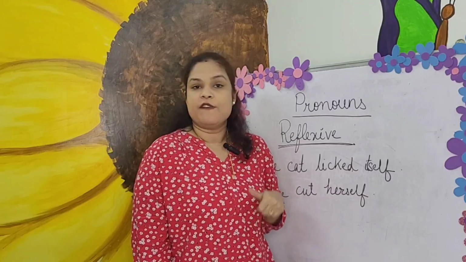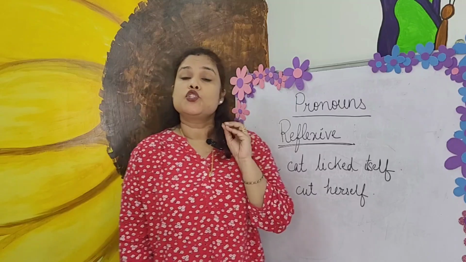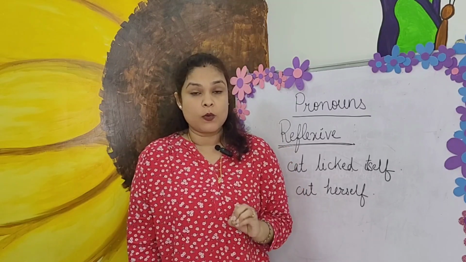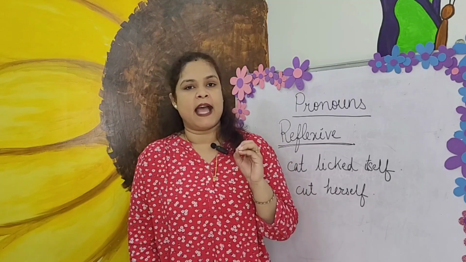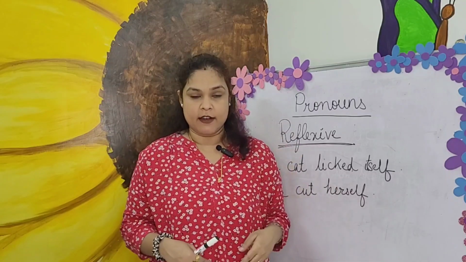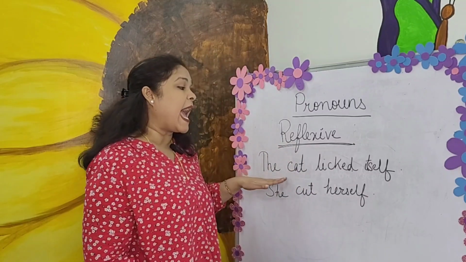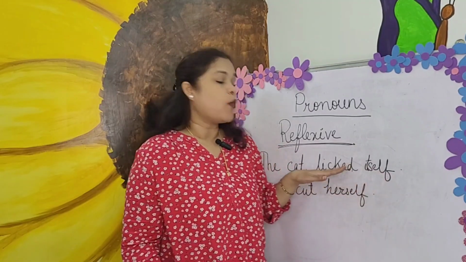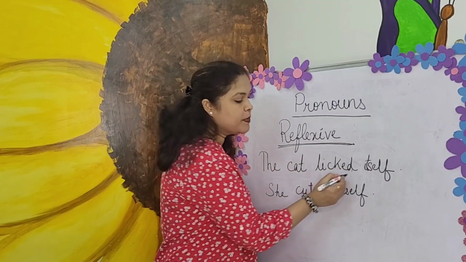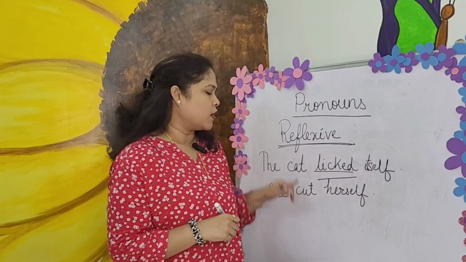How do we know whether it is emphatic or reflexive? See, the job of the reflexive pronoun is to indicate the action which is performed by the subject on itself or for itself. So if I say the cat licked itself, what was the action performed here? Licking was the action performed. Remember the verb. What was the cat doing?